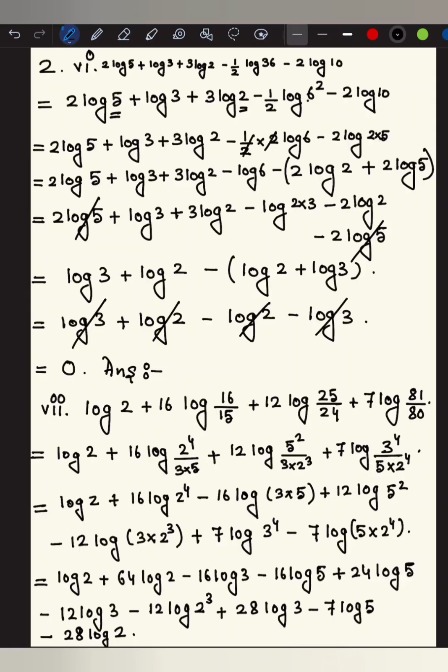Similarly, I broke down this 6, I wrote this 6 as 2 into 3, because here log 3 and log 2 were given, that is why. This is the awareness you need to have while solving this logarithm chapter.